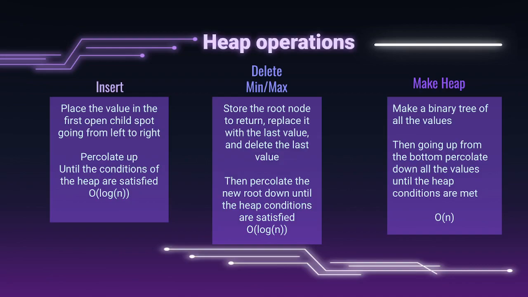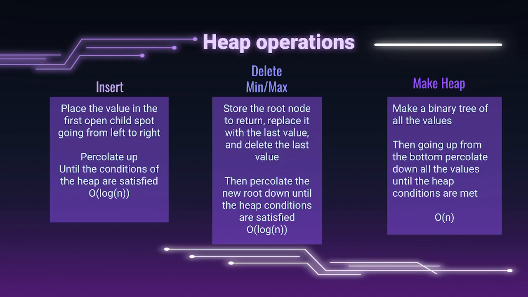When you insert, you put it on the very bottom right of the tree, on the next open spot, and then you look at its parent. Let's say you're doing a min heap: the minimum elements have to be at the top and the larger elements at the bottom. So let's say you put in the number 1 inside of a min heap. Then you look at its parent, and if the parent is greater than 1, or whatever element you put in, then you swap, and you keep doing that until you reach the top, or until you reach an element that's smaller than it.